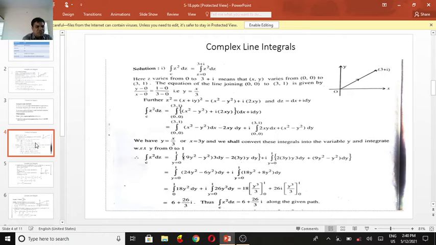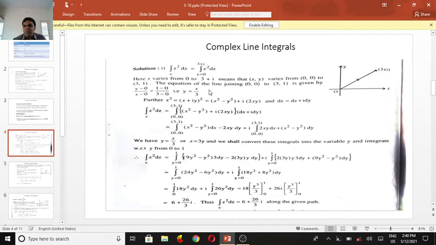Here the real and imaginary parts start from the origin, so x, y is 0, 0, and the endpoint is x equal to 3 and y equal to 1. This is the graph. So as z varies from 0 to 3 plus i, (x, y) varies from (0, 0) to (3, 1).